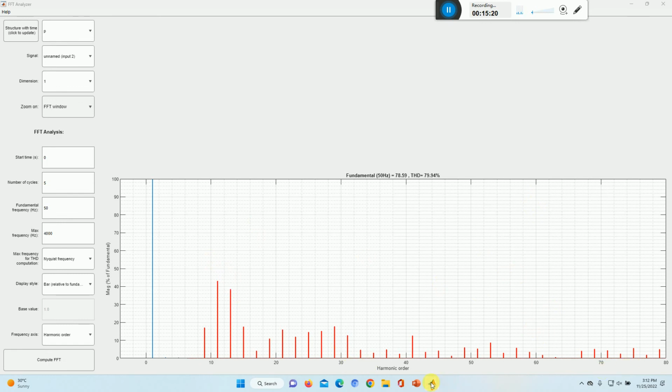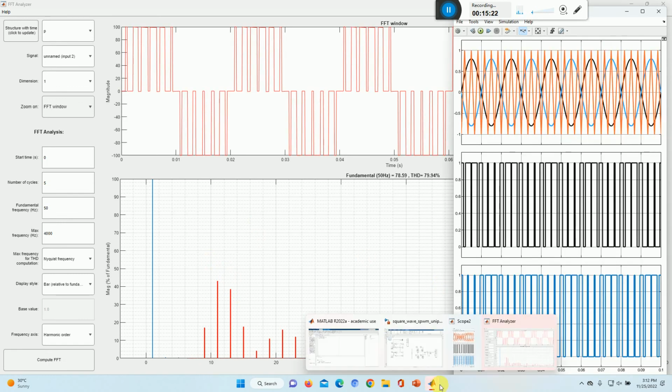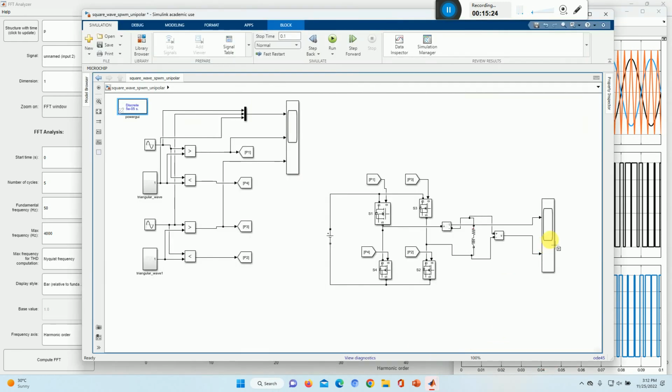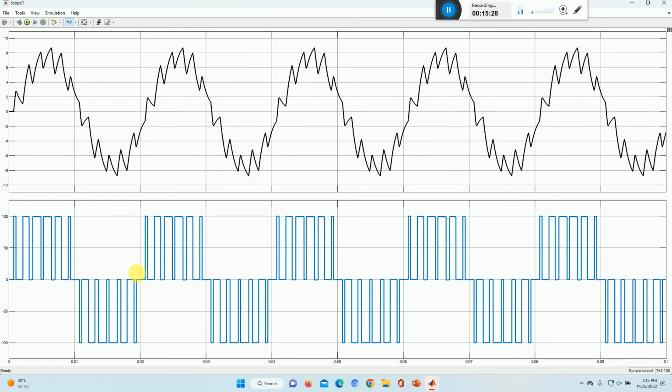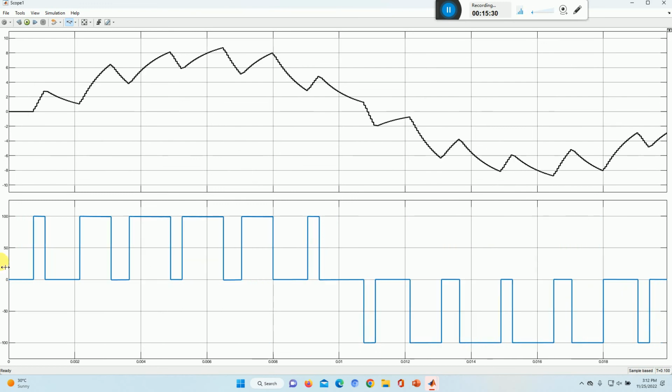Now another important analysis that we can do is, if we see the output waveform and look at only one cycle, at 0.01 it is 180 degrees, and at 0.005 here it is 90 degrees. How many switchings have we seen? 1, 2, 3, 4, 5, 6.